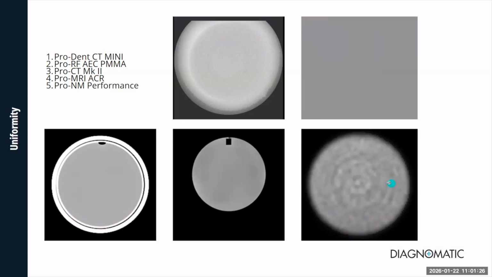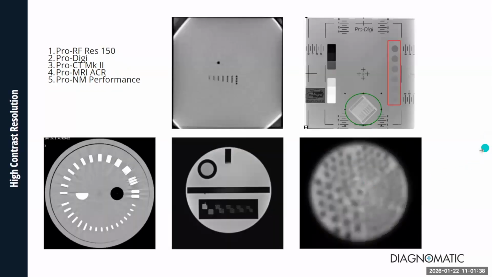MRI, and the Yashchak phantom in nuclear medicine: the middle part of the phantom, where you don't have the test objects, is used to measure the homogeneity in nuclear medicine.